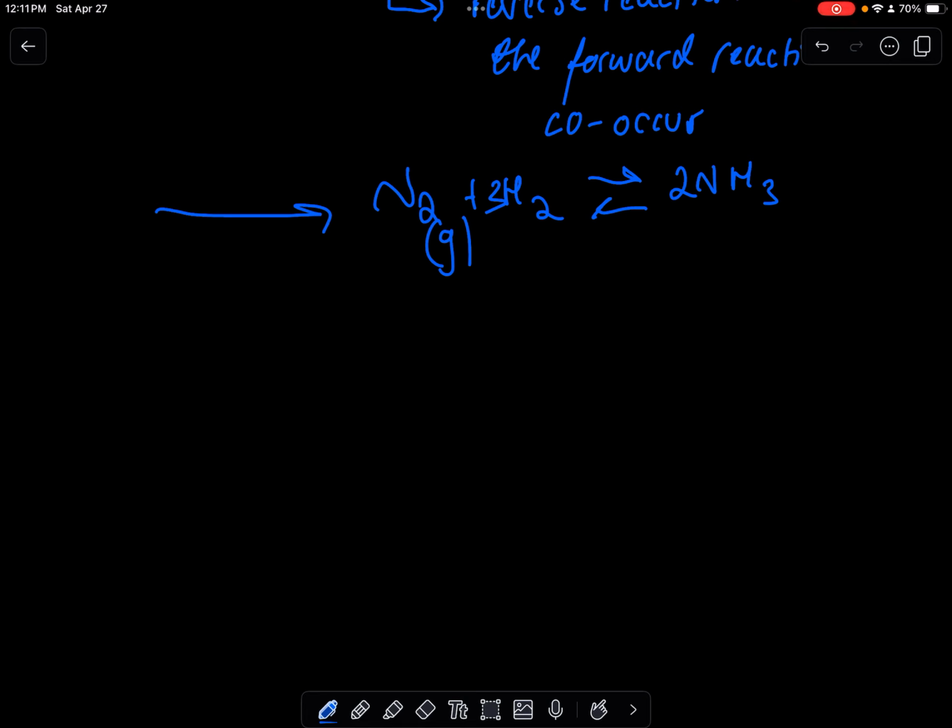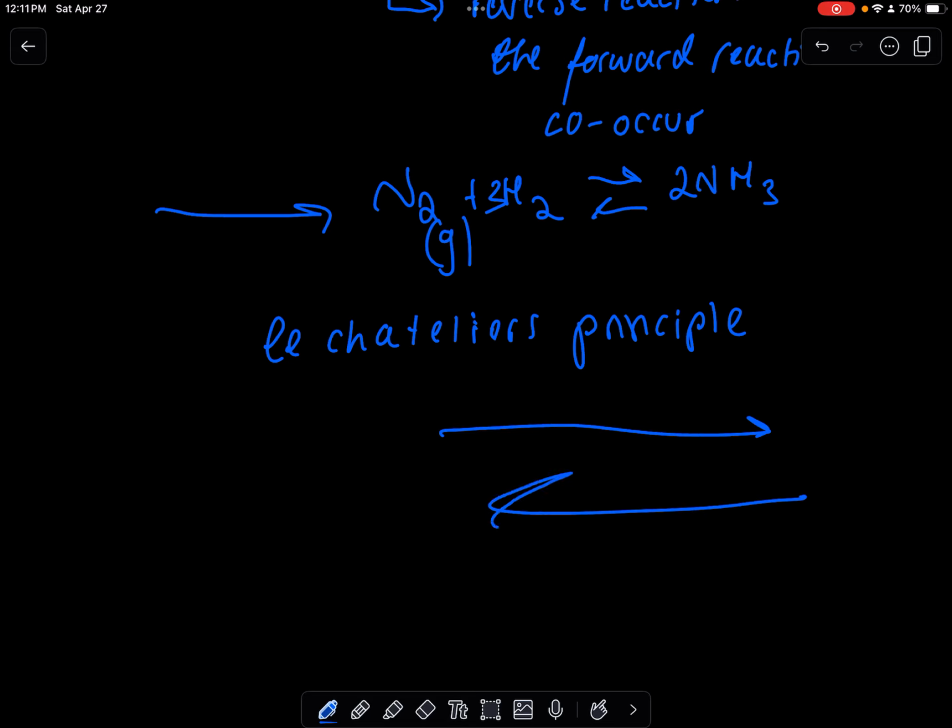And so, essentially, we're going to be talking about something known as Le Chatelier's principle, which is going to explain how we can predict which one, the forward reaction or the reverse reaction, is going to occur at the greater rate.